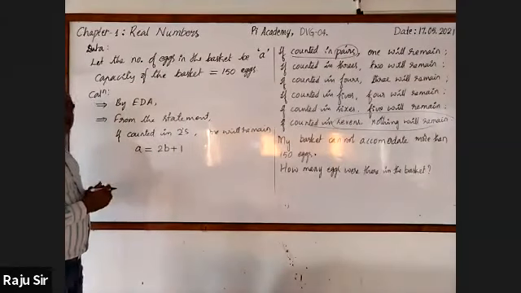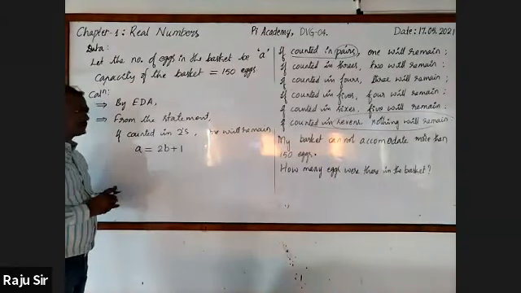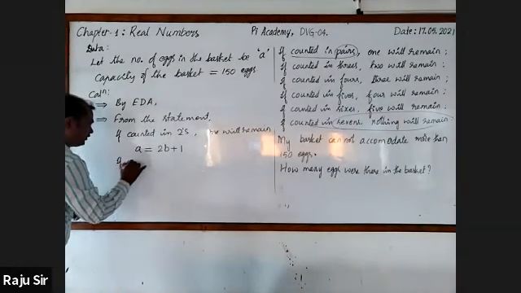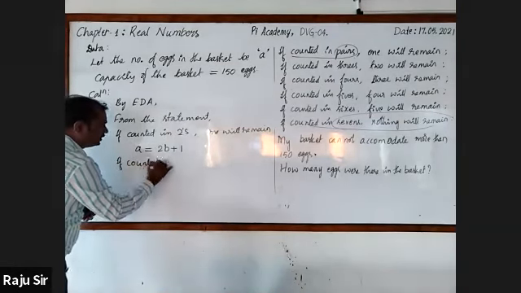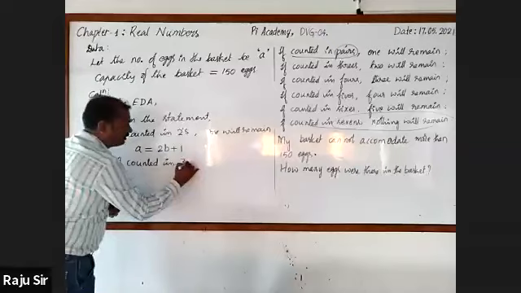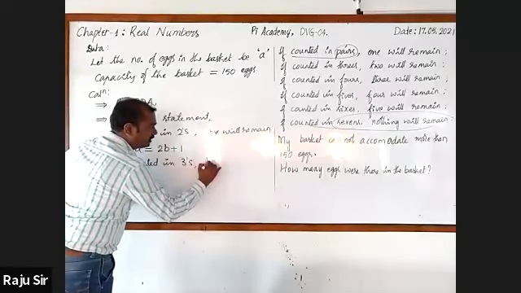A equal to 2b plus 1. Similarly, if counted in 3s, they gave 2 will remain.